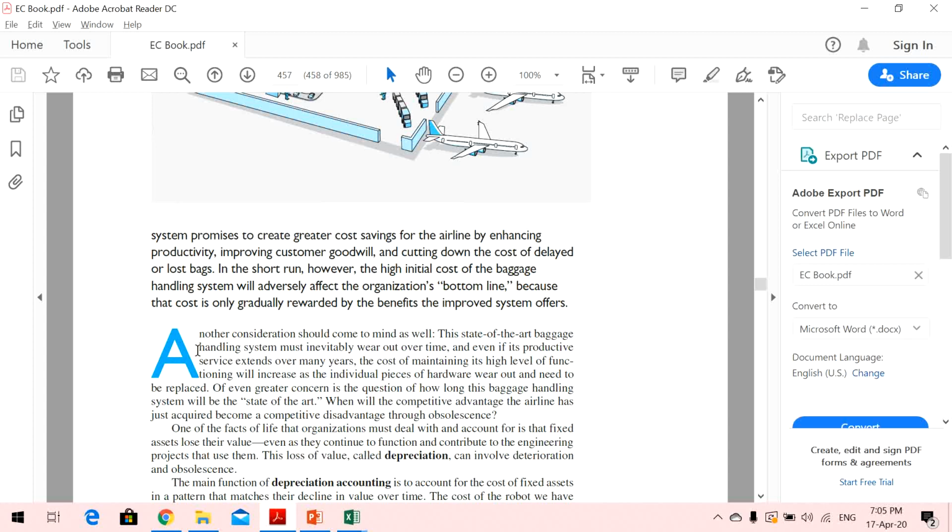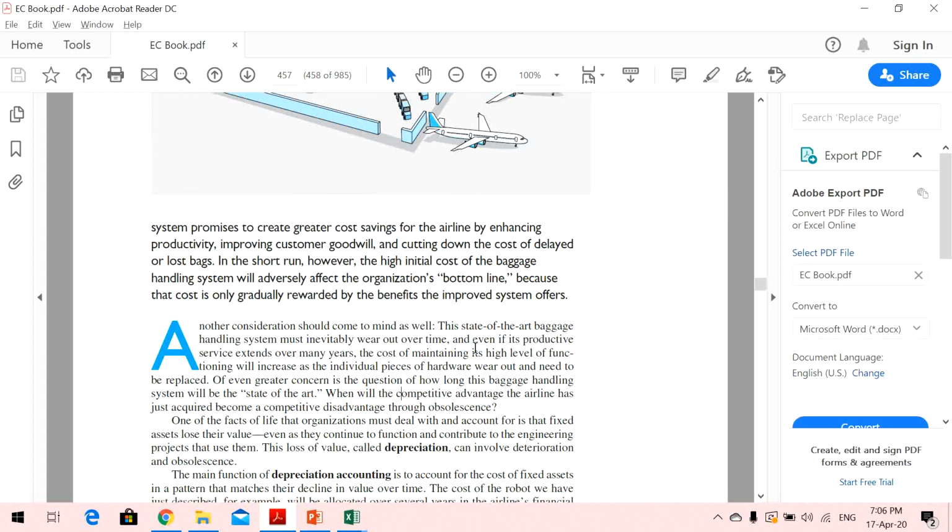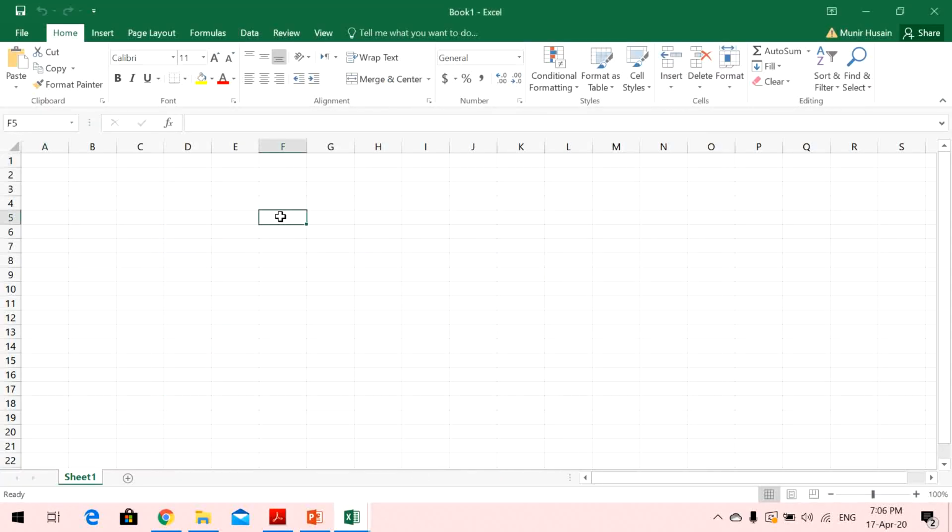Because you can see here that this baggage handling system will wear out over time, right? And the benefit of this system extends over many periods, right? Now, because of this, we want to see, for example, this baggage system cost us $100 million.